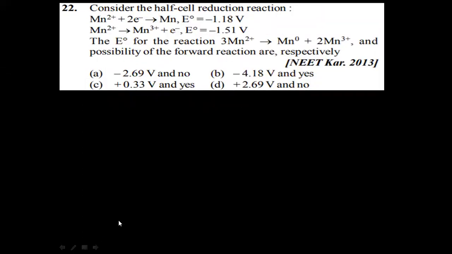Consider the half-cell reduction reactions. Mn2+ + 2 electrons gives Mn with E naught value -1.18 volt. Mn2+ gives Mn3+ + electron, E naught value is -1.51 volt. The E naught for the cell reaction 3Mn2+ gives Mn naught plus 2Mn3+, and the possibility of the forward reaction are respectively.